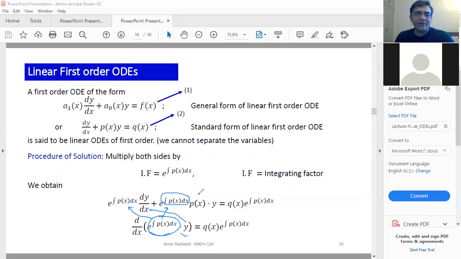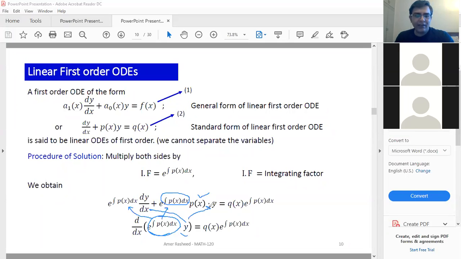The derivative and integral cancel and we only get p of x times the second function, which remains the same. So this left hand side has become the derivative of the product of the integrating factor and y. You can verify it. The right hand side remains the same.